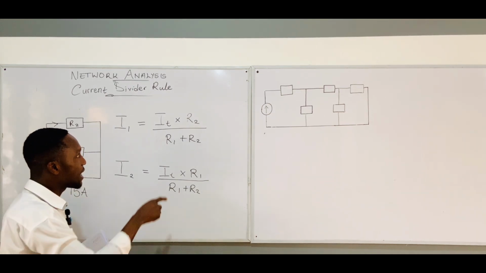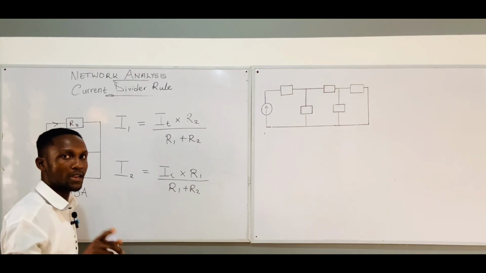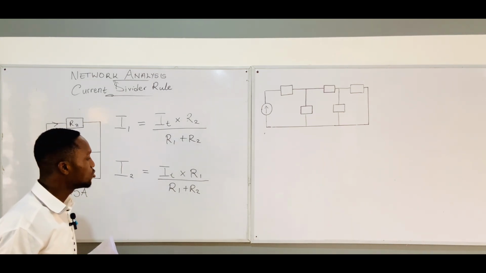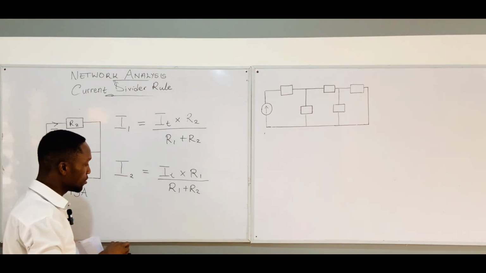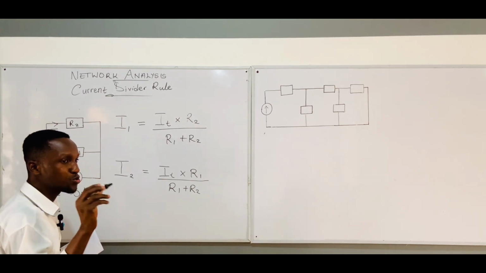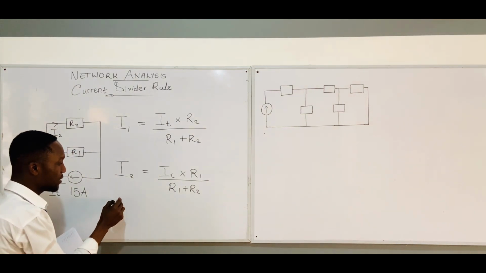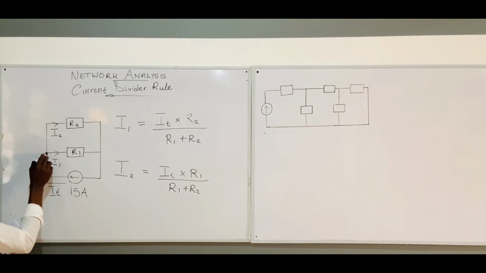Now, if I am able to find I1, I don't even need to use this formula to find I2. Then I can use Kirchhoff's current law to generate the second value for what? I2. So watch. Assuming I was able to calculate the value of I1, then from this node, we know that the total current entering here will split into two.